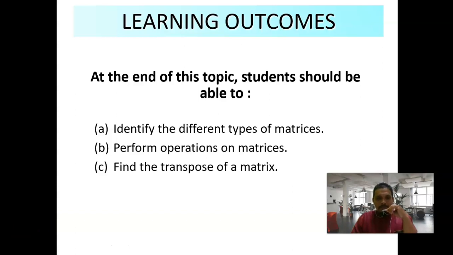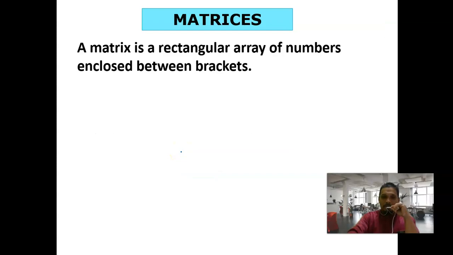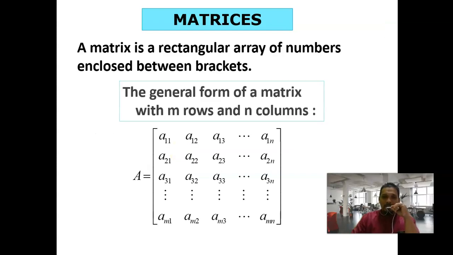Okay, so for this topic, at the end of this discussion, the student should be able to identify the different types of matrices, perform operations of matrices and find the transpose of a matrix. A matrix is a rectangular array of numbers enclosed between brackets.